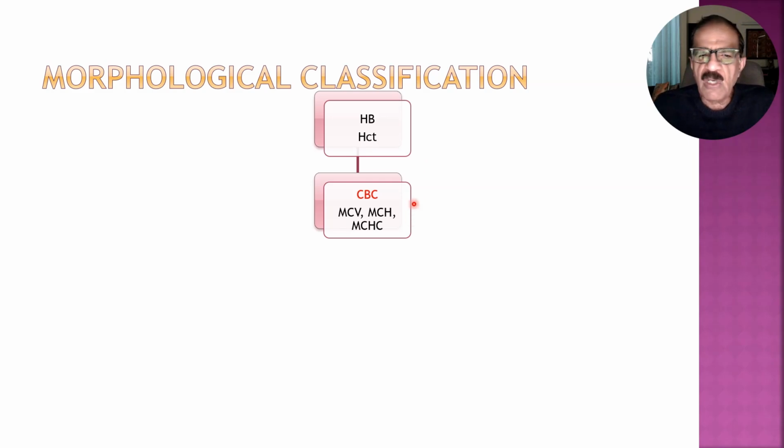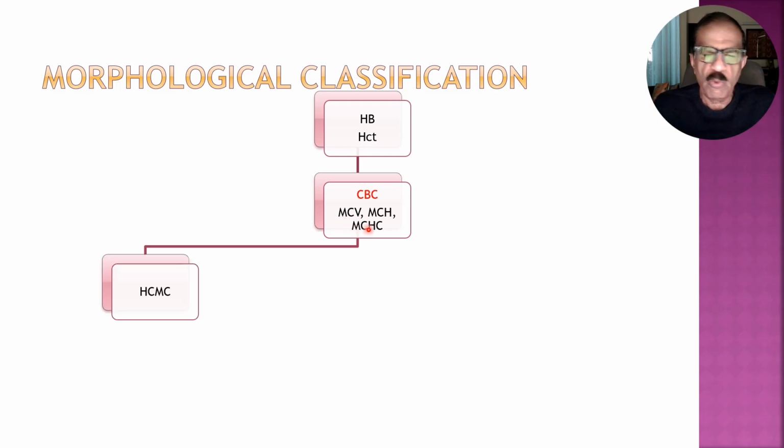So then we concentrate on CBC morphology. This CBC report will give you MCV, MCH and MCHC. So you examine all three carefully and you make a judgment. I think mostly we go by MCV, the mean corpuscular volume. On that basis we make a diagnosis of which category of anemia this patient might have. Now I'll give you some examples.